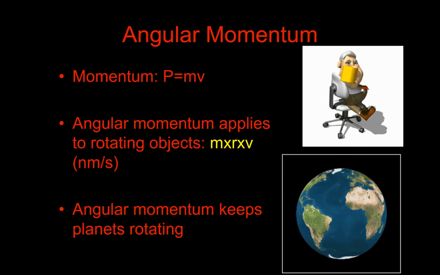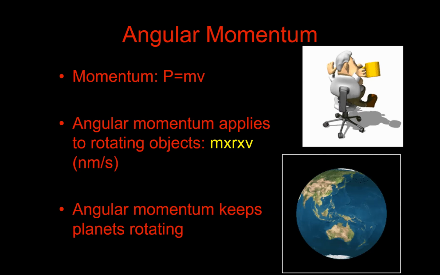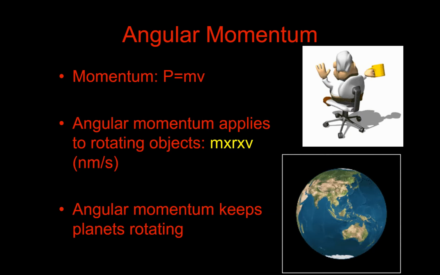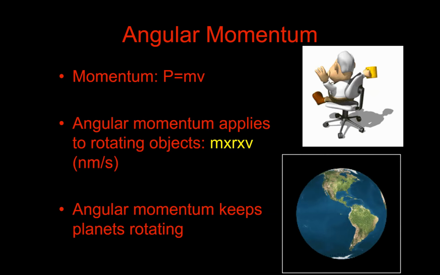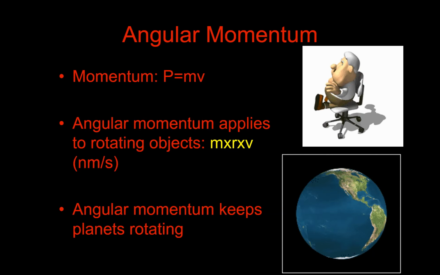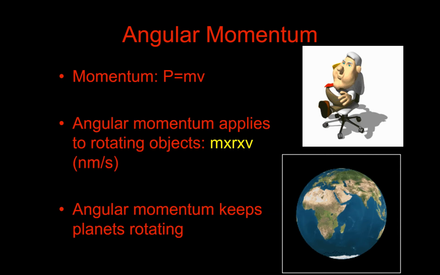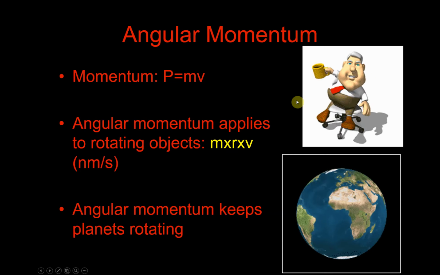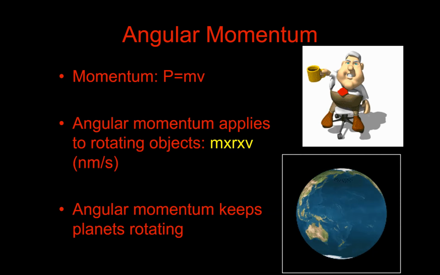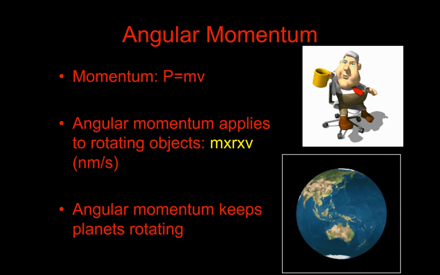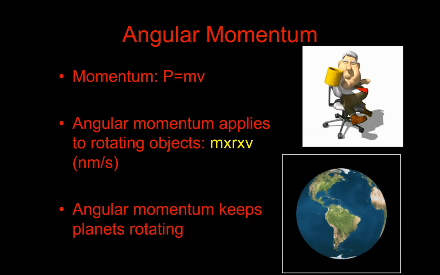Now, if you think back to conservation of momentum, we said that Pi was always equal to Pf. And that is true of angular momentum. Li is equal to Lf. That means if angular momentum is conserved, here you've got a guy in an office chair, and don't tell me you haven't tried this. If you are spinning around in an office chair and you pull your legs in, you will find you will go faster.